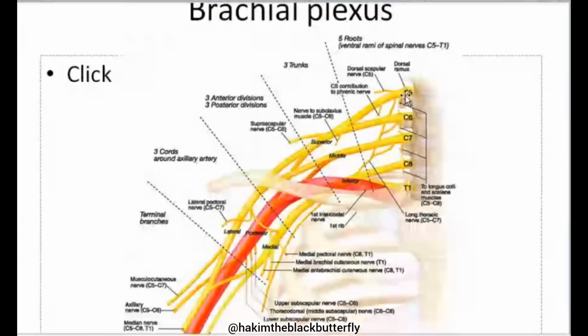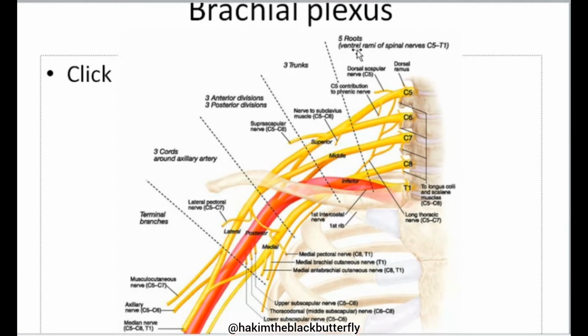There is a branch which goes posterior, that's known as a dorsal ramus, and there is a branch which comes anterior, that's known as a ventral ramus. Rami are branches. So when it comes out, it gives off a small branch which goes posterior. That is what we call a dorsal ramus. And then the big branch comes anterior. That is what we call the ventral ramus.